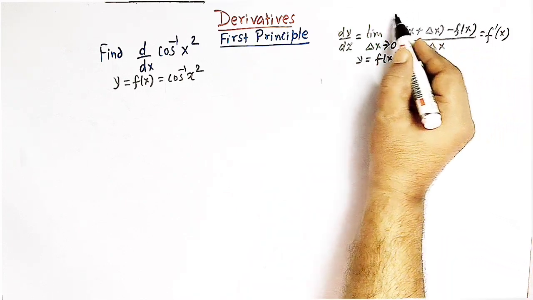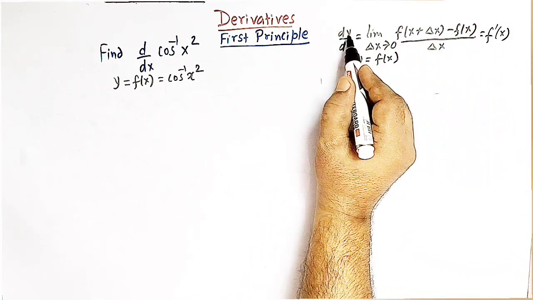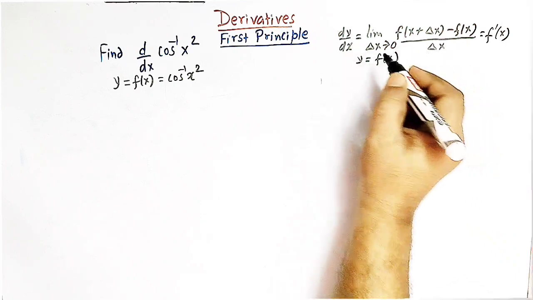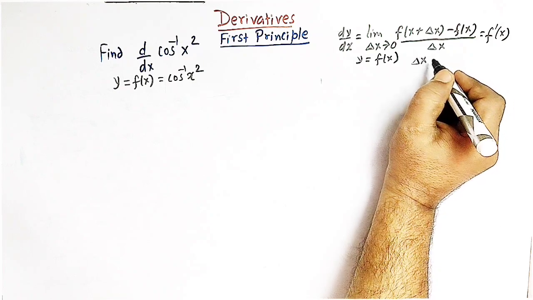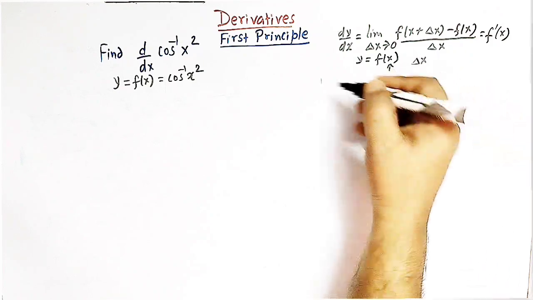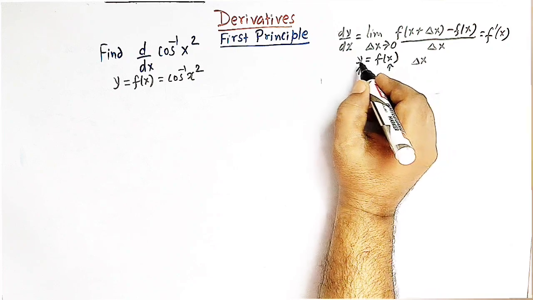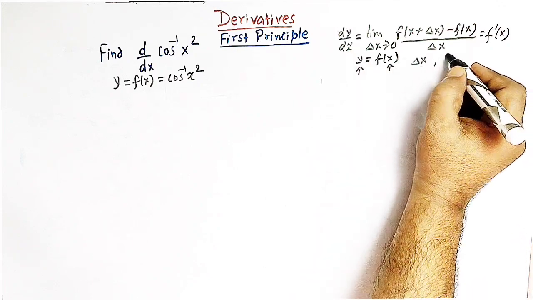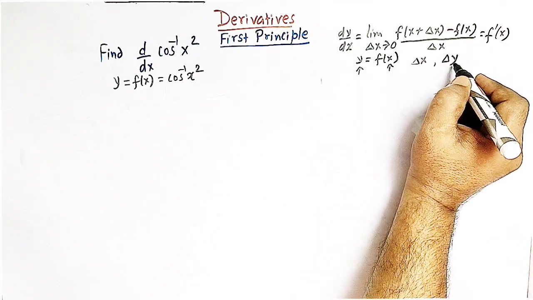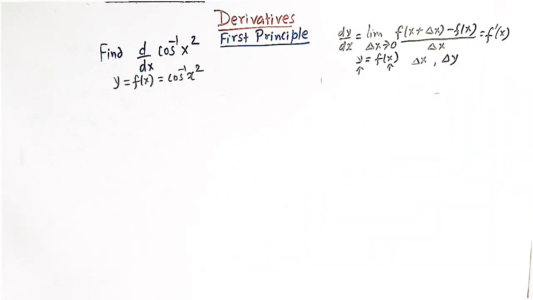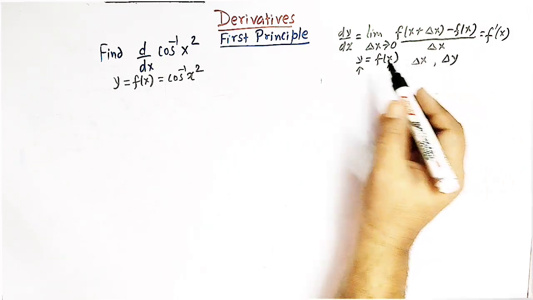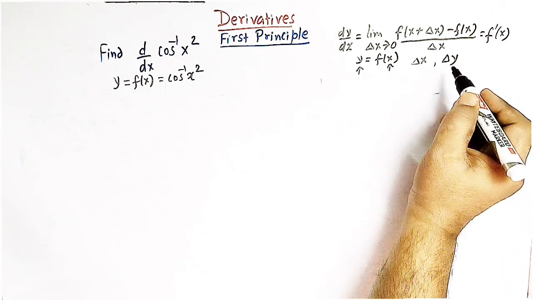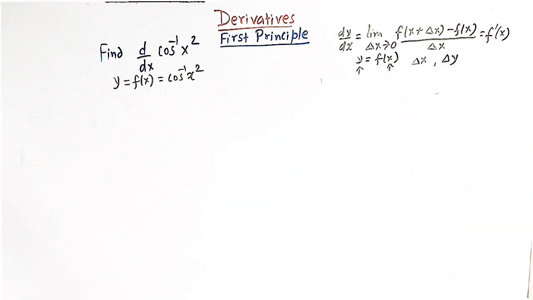So when we compute this limit, we get the derivative of y with respect to x, and here delta x is a small increment in x, and the corresponding increment in y is denoted by delta y. So delta x and delta y are the very small increment in the independent variable x, that is delta x, and delta y is the small increment in the dependent variable y.